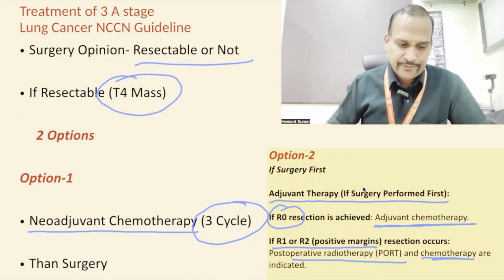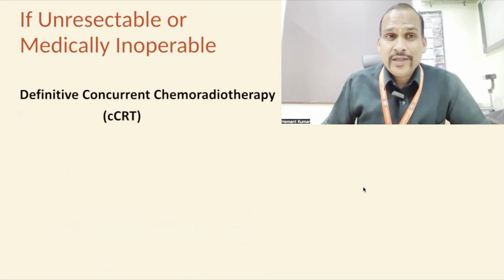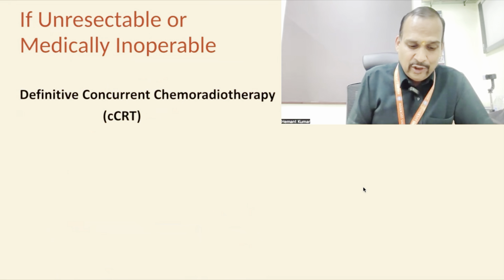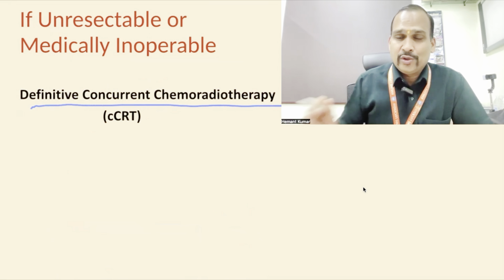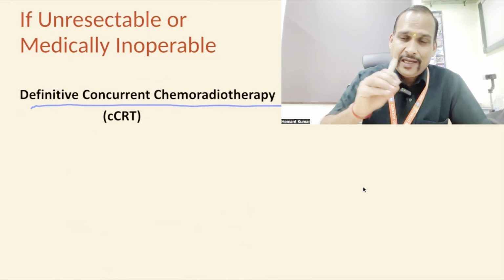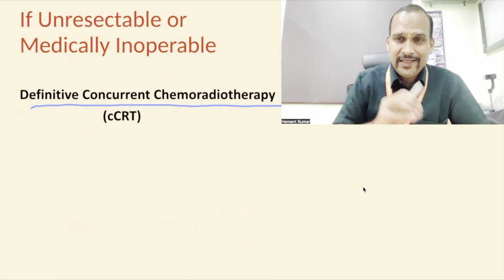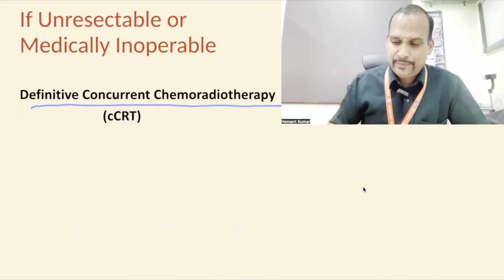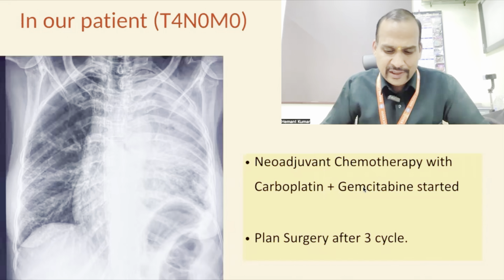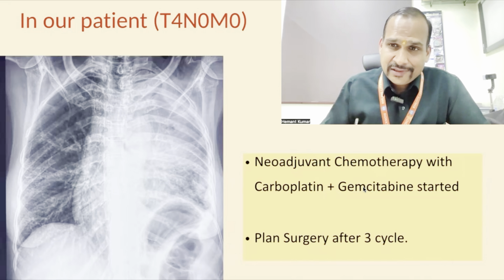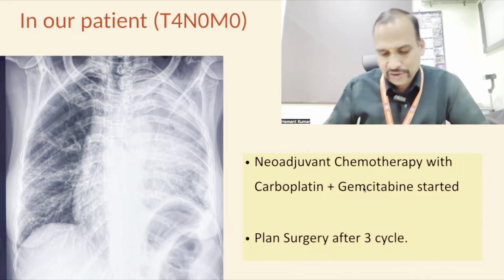These are two options. If tumor is not resectable or patient is not fit for surgery, then the treatment option is concurrent chemoradiotherapy. You give chemotherapy along with radiotherapy. This is the treatment choice for 3A non-operable patient. But our patient was fit for surgery. Okay. But the surgeon asked us to give neoadjuvant chemotherapy, then they will consider surgery.